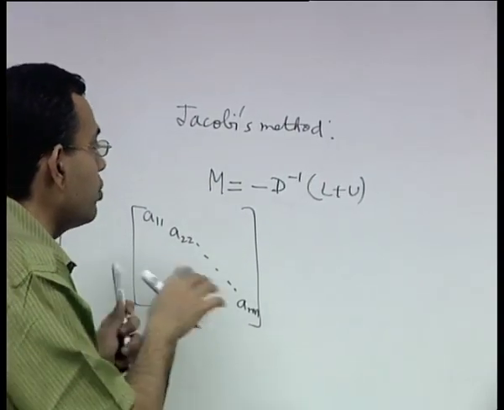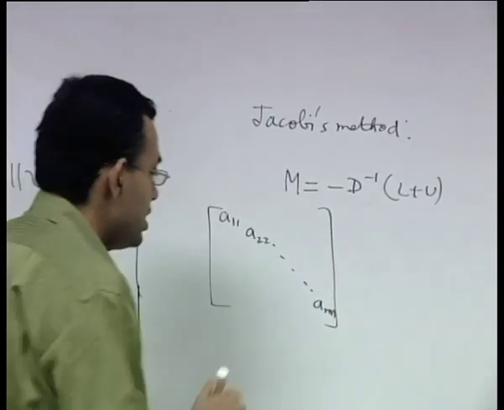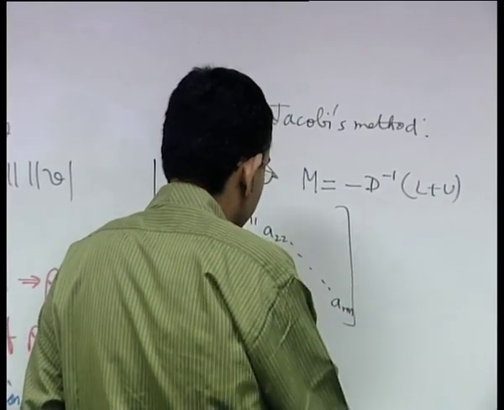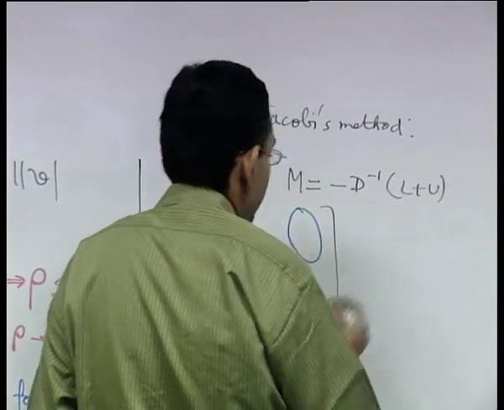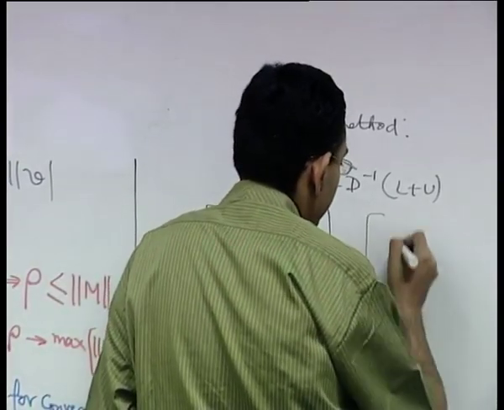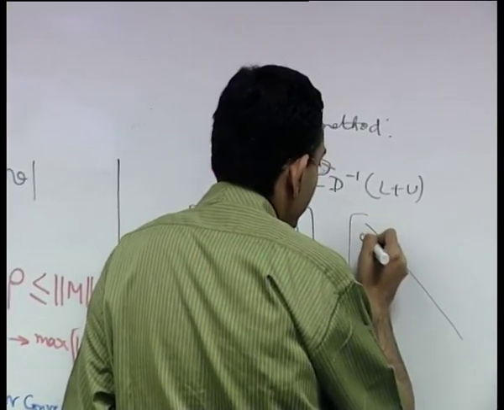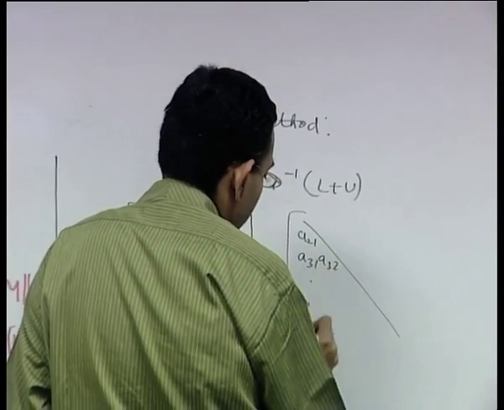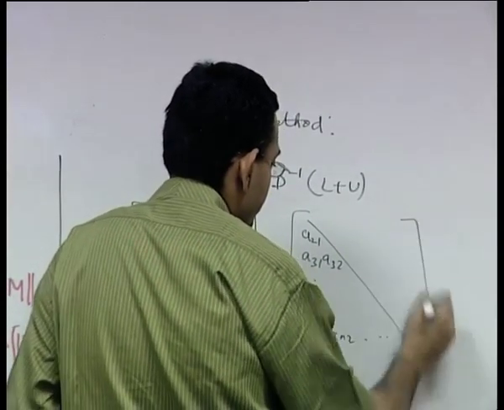Therefore, we should be able to write everything in terms of the entries of the coefficient matrix. So, this is the D, and L is A21, A31, A32, then AN1, AN2 in this way.